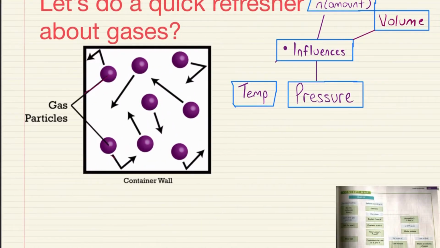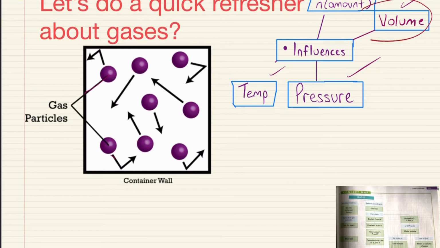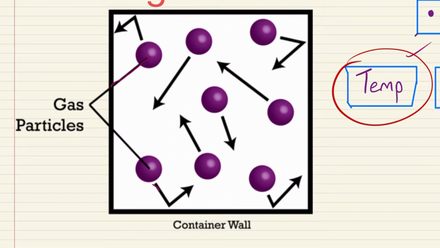So if we go into our next slide, I'm doing a quick refresher here for you guys, where the main influences of gas are the amount, the volume, the pressure, and temperature. But of course, for the sake of this video, we are focused on volume and temperature. We know that gases, when they hit the walls of containers, exert something called pressure, okay?